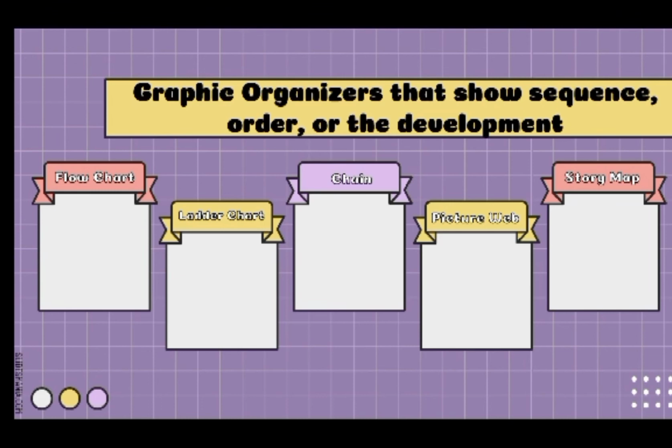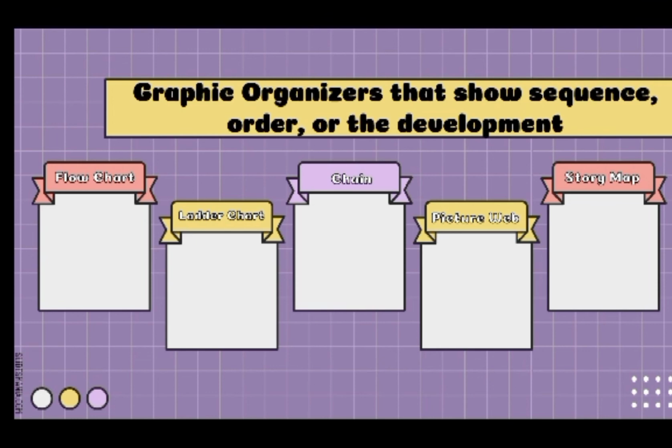There are various charts and organizers of this type, but I have here below the most commonly used. We have the flow chart, ladder chart, chain, picture web, and story map. The main purpose of this organizer is to summarize information, which gives you the order of events. Like the chain, it could be used in giving a timeline too.